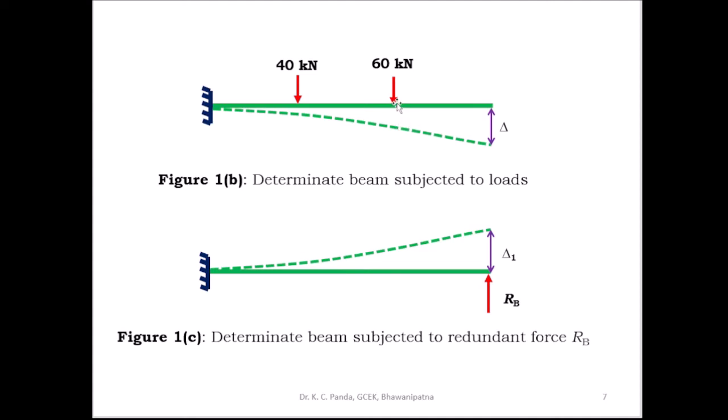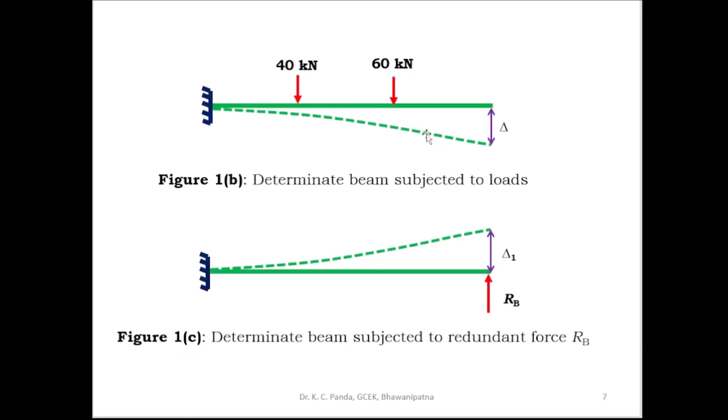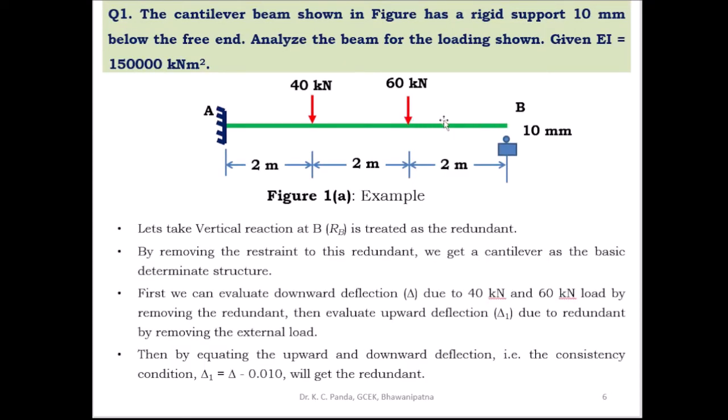Then by considering this slope and deflection below this load, you can find the deflection at the free end. Due to the 60 kilonewton load, the deflection is 60 into 4³ by 3EI plus 60 into 4² by 2EI into 2. This is the distance between the 60 kilonewton load and the free end, which is 2 meter.